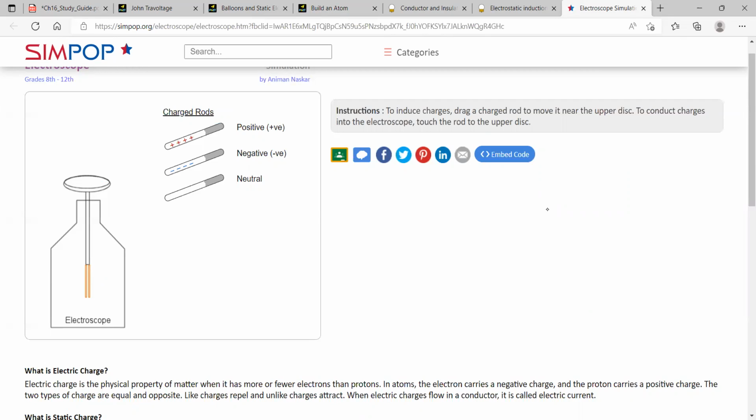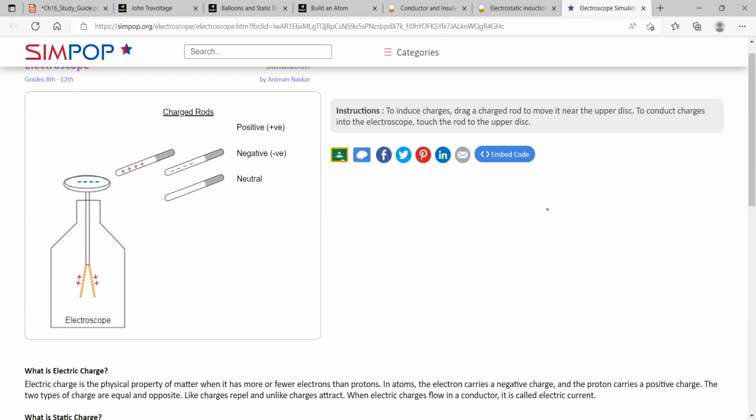If I want to know whether this neutral object is really neutral or not, we bring it close to the electroscope, and you see that nothing happened. If nothing happened, that means it is not charged. But if something happens, and you see that the gold leaves are now away from each other, that means that object is charged.